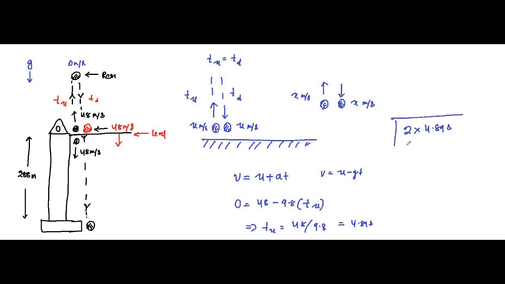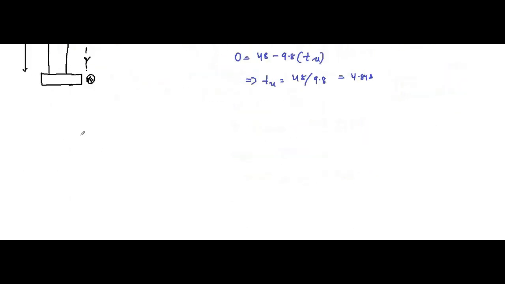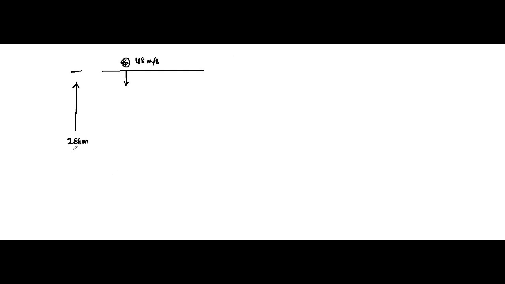This is very important. Then the second part: after coming down, it is coming down with the same velocity with which it was thrown upwards, that is 48 meters per second. Then we have the height of the tower, which it has to cover, 288 meters.